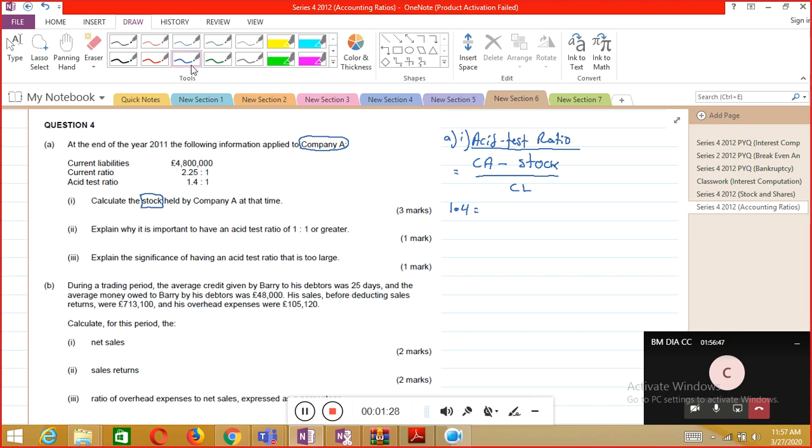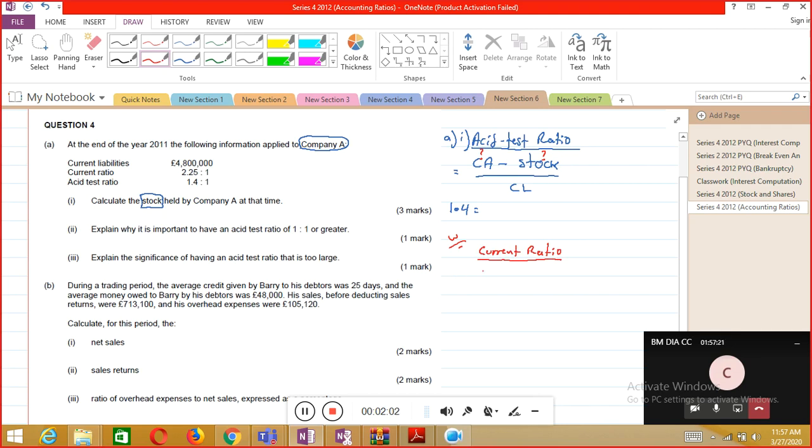Now we got another problem. We don't have the CA. This is a question mark, and this is also a question mark. So how do we find the CA? That's the working that we need to do over here. You have to do it for the current ratio.